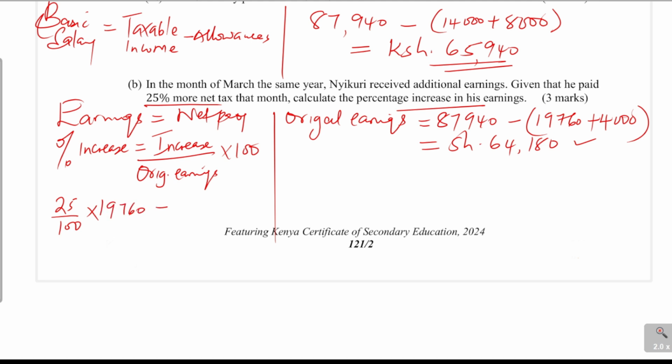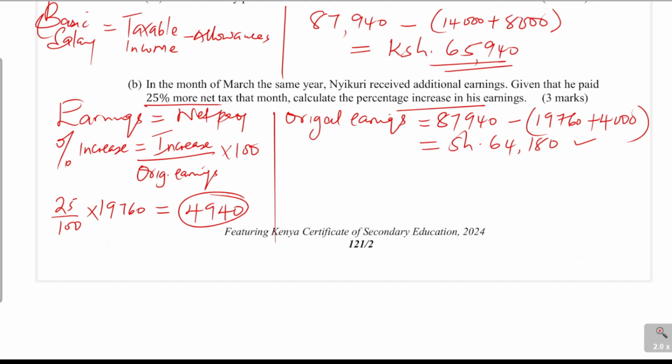So there was an increase of tax of 4,940. So the next thing we need to do is to get the corresponding income that led to this increase in the net tax.